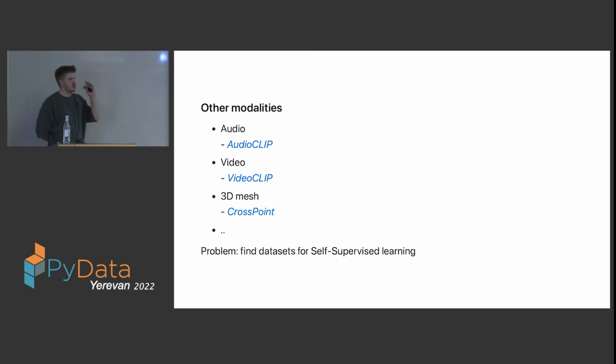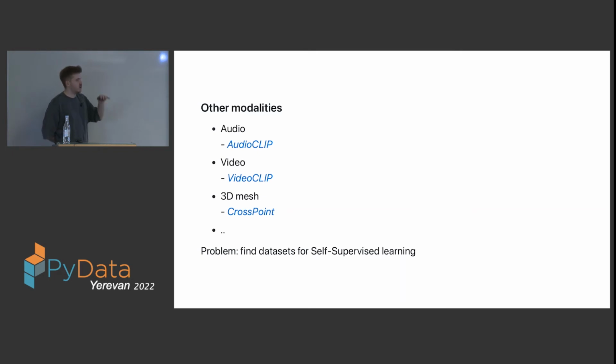But there is also the problem of the source of the data, to find the proper dataset for self-supervised learning. So you want to scrape the internet in most cases. You don't want to build it yourself, or maybe use human labeling, because you cannot reach the volume of the dataset that you want. So you need to find something.